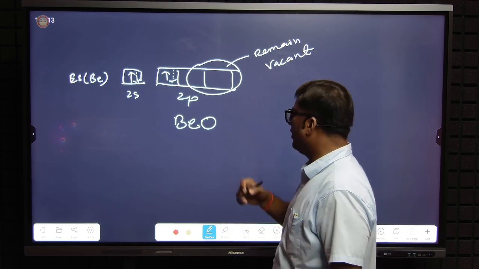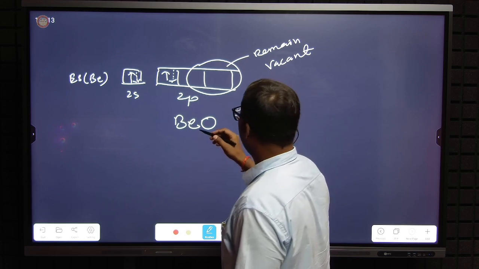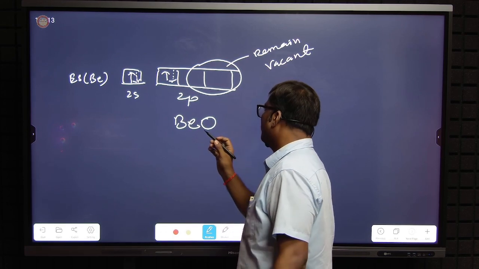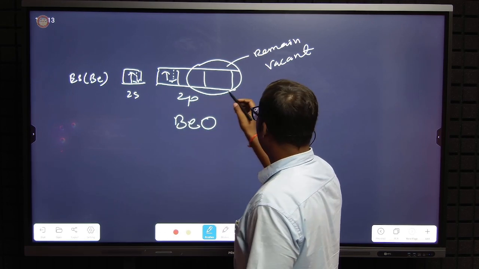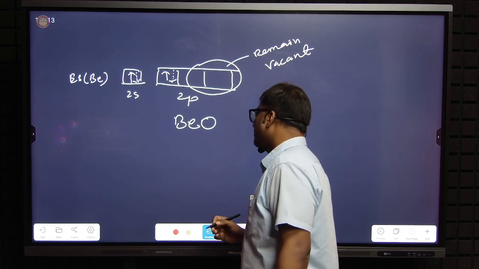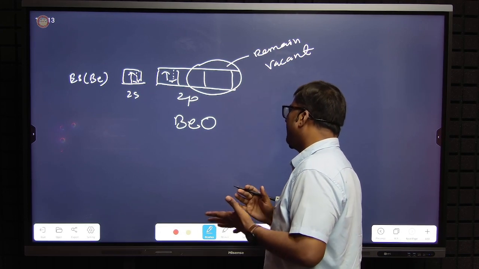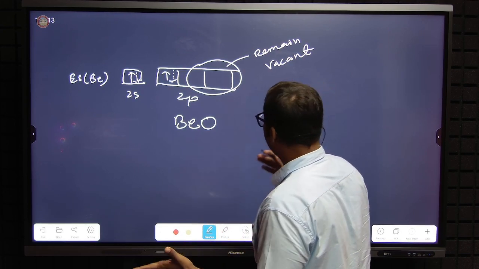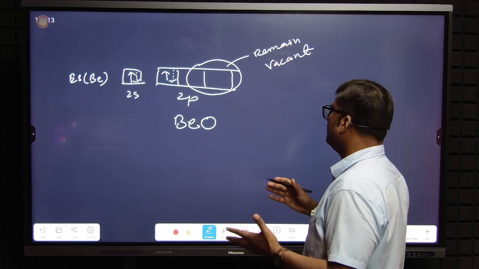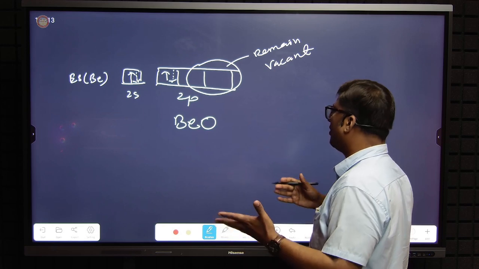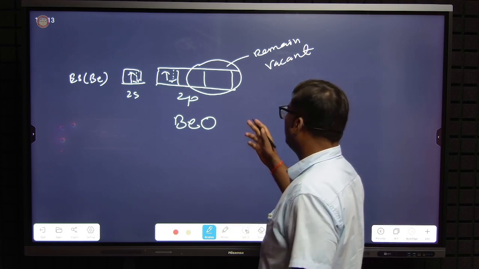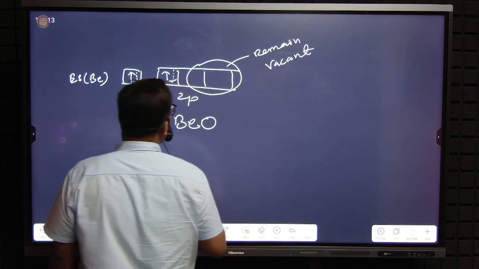That 4-electron beryllium is susceptible to forming compounds by accepting electrons from bases or species that are able to donate their electrons.